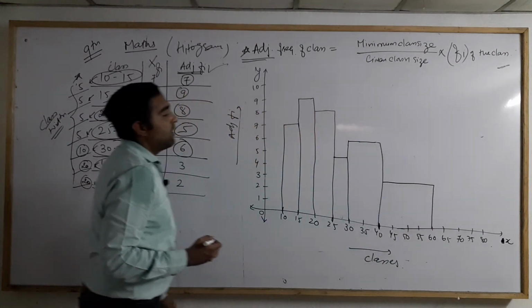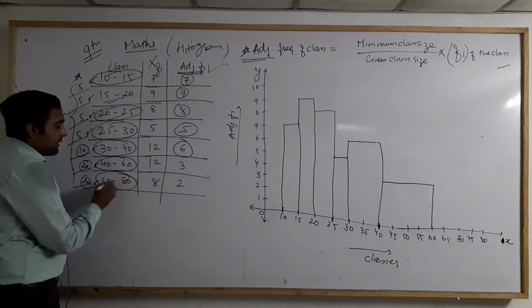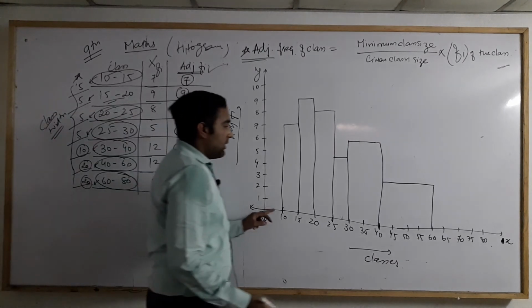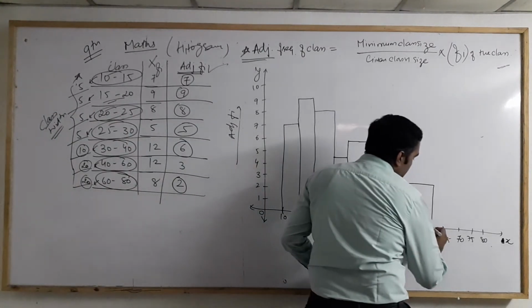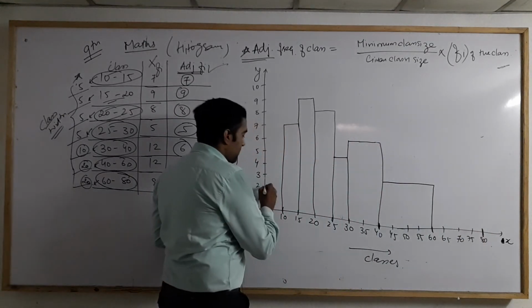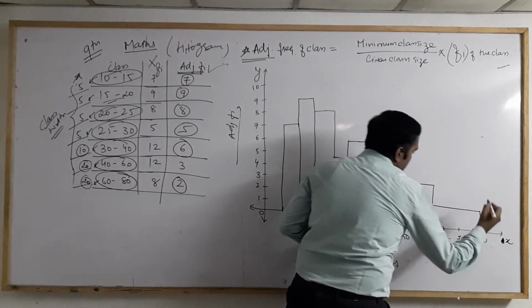Okay, now my last class is 60 to 80 and adjustable frequency is 2. So from 60 to 80, my adjustable frequency is 2. Okay, so I'll show that like this.